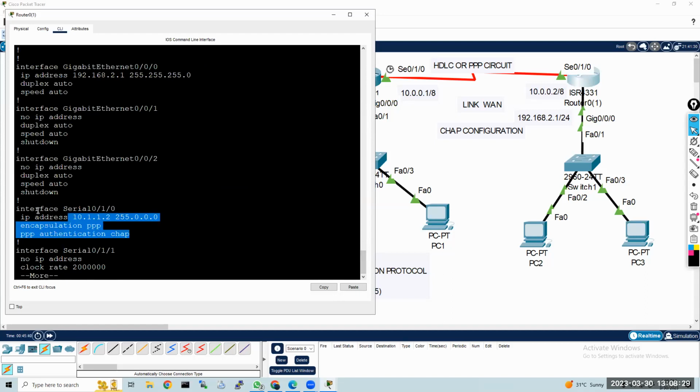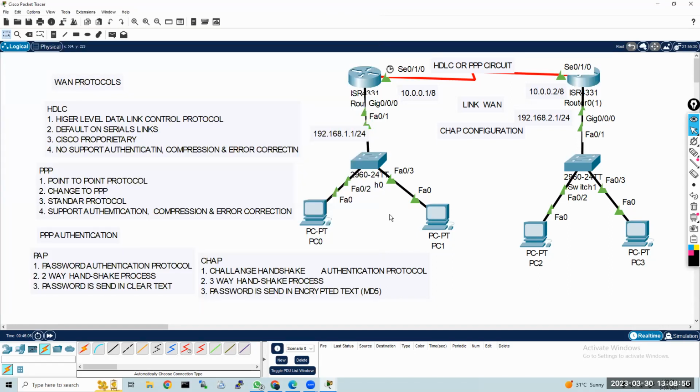You can see these are the things we have configured in this router. Same thing for PAP: instead of CHAP, we have to give PAP, nothing else. That's it.